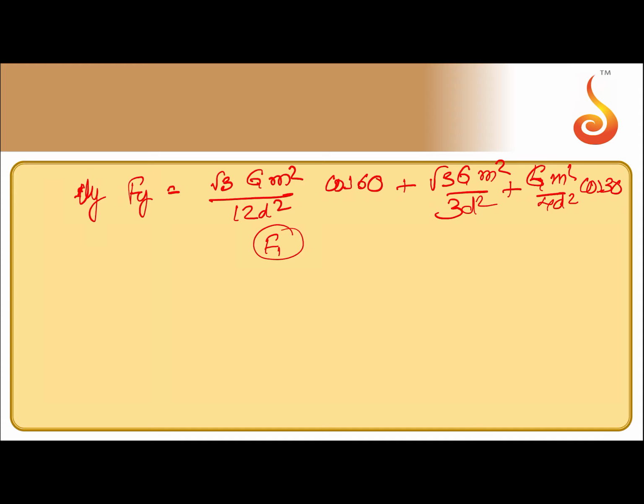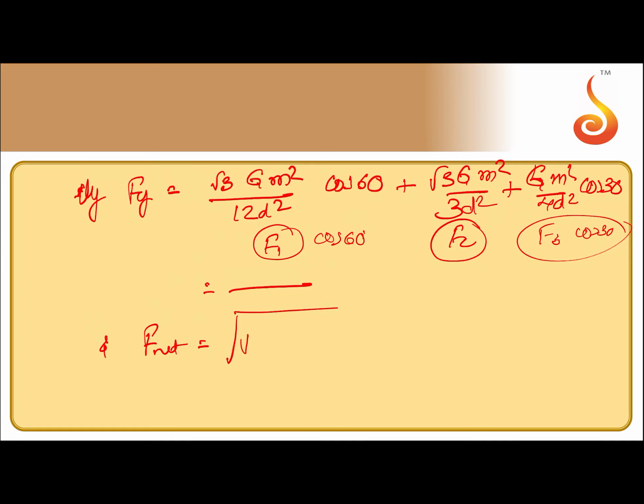This is the contribution from F1, then the contribution from F2, and then we have F3 cos 30. So we can find out the value of Fy. And the net force turns out to be root of Fx square plus Fy square. And as Fx has turned out to be 0, clearly the force is along this direction.